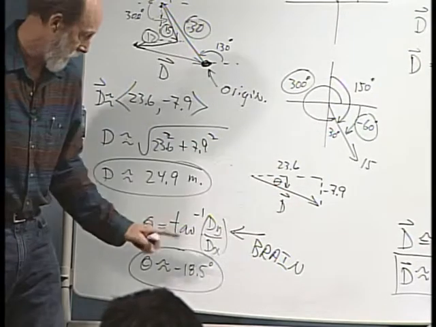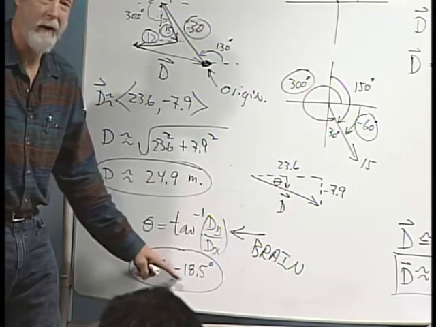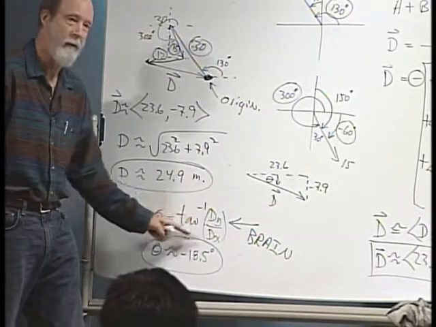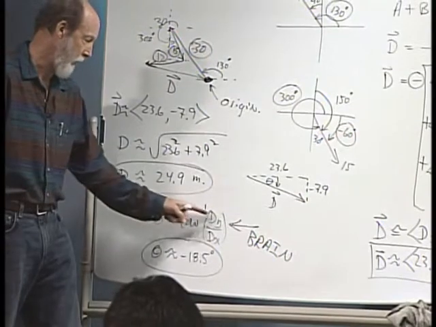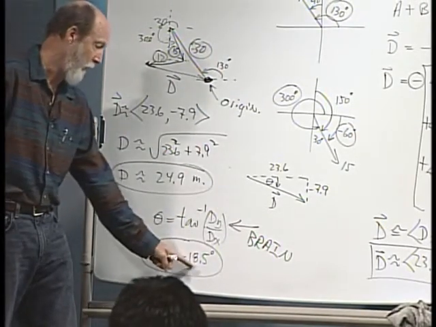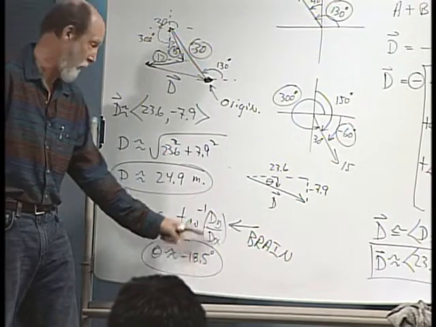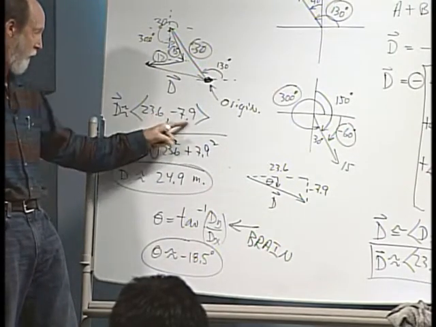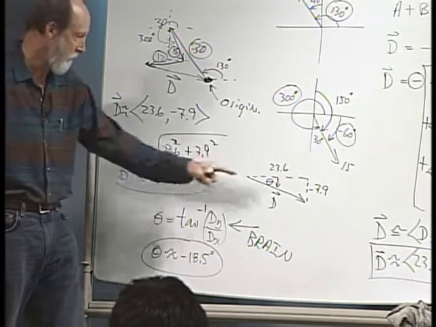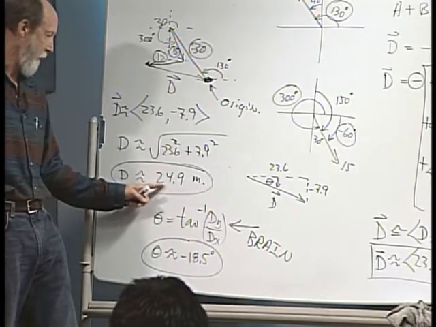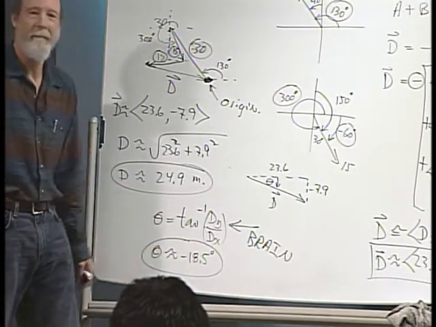You have to use your brain to double check this, because there's only one answer that comes out from your inverse functions. You might have a second quadrant answer that could show up potentially. So you always have to think about what your x and y readings are as to which quadrant this thing is really pointing into. And so this will get you back home if you travel this distance at that angle.